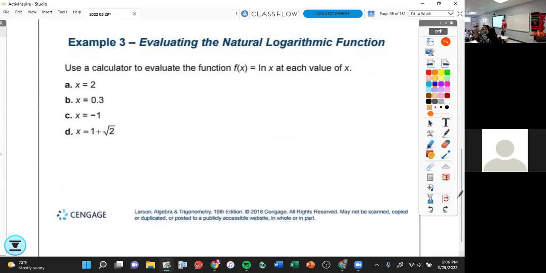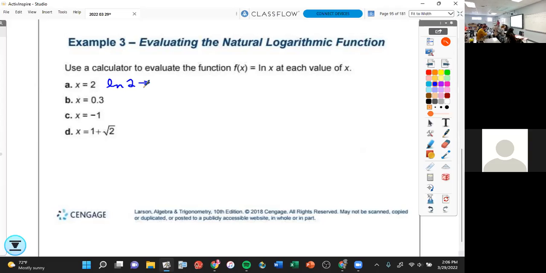Okay. Use your calculator to evaluate the function f of x equals natural log of x for each value of x. So letter A, all it's asking you is, what is the natural log of 2? Can you type that in your calculator?